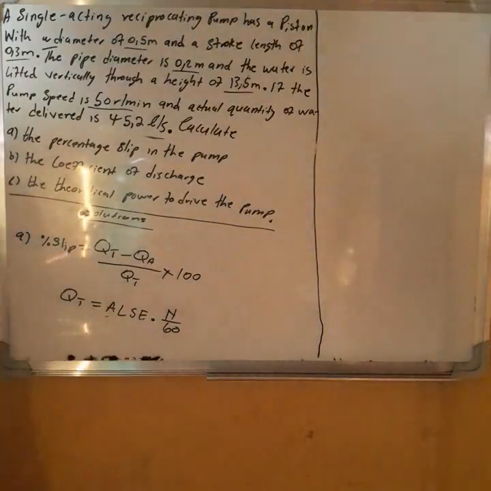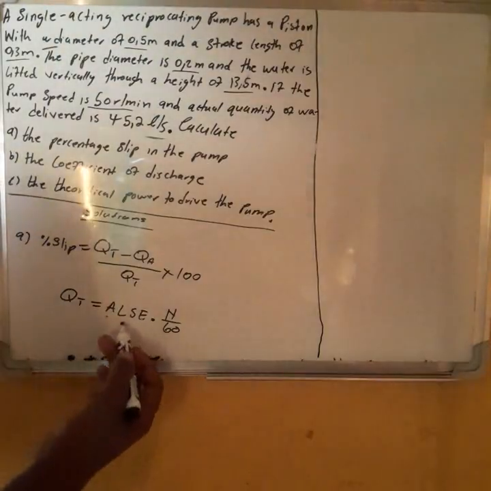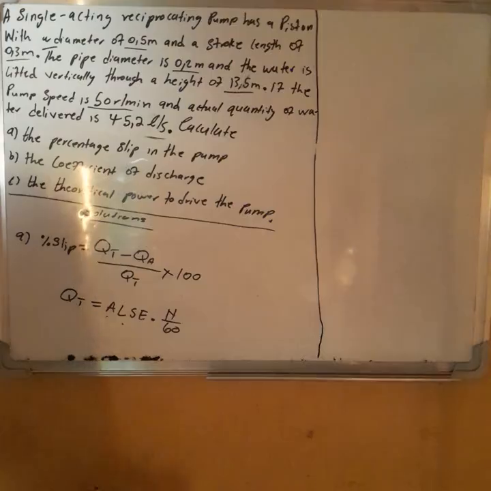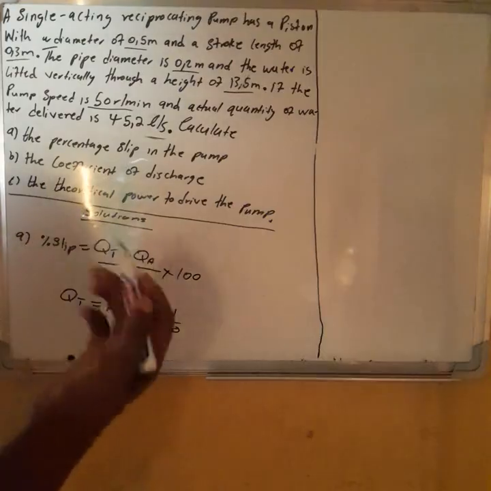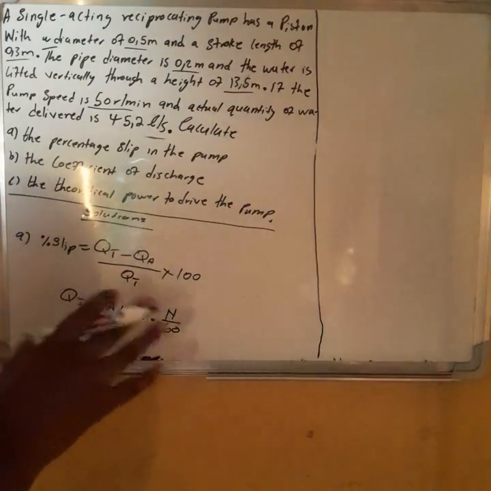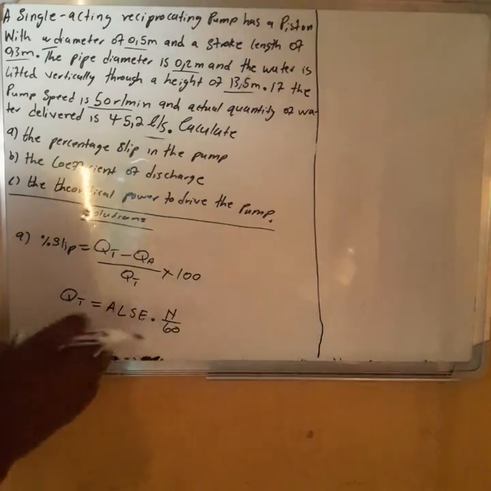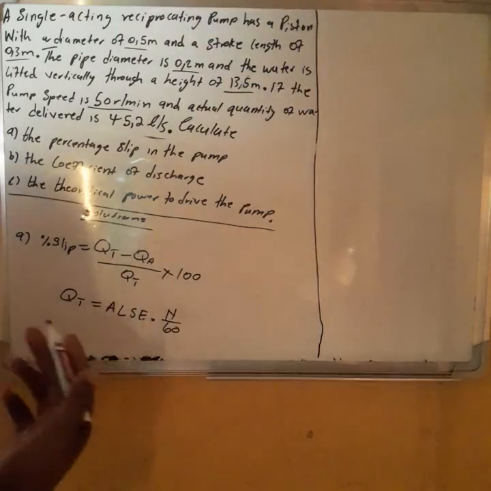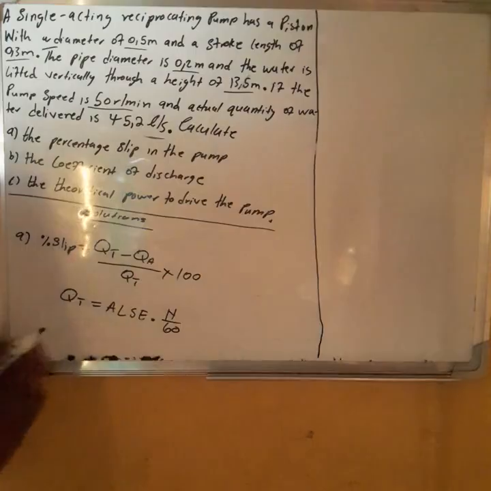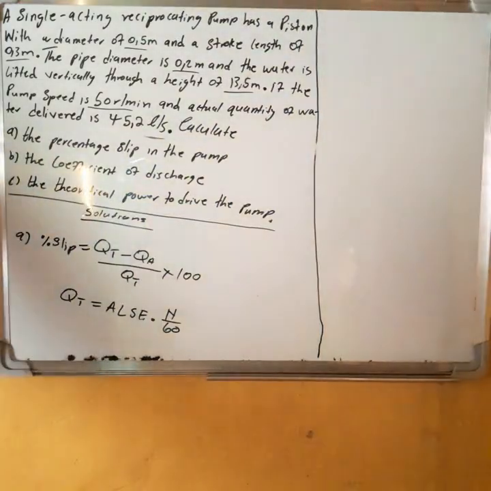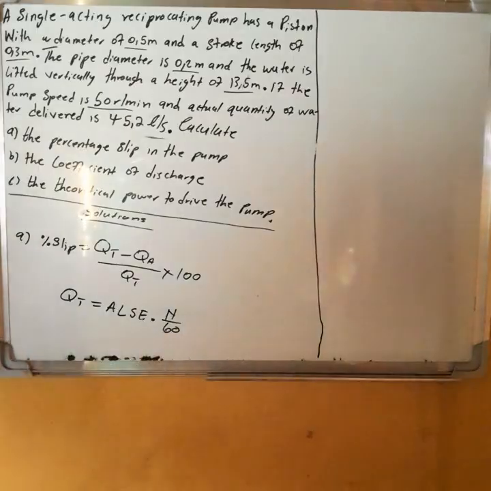This is the area, the stroke length, the type of pump, and the number of pumping strokes. We've discussed all of these. If you return to section 1 of my videos, you will see this formula discussed.